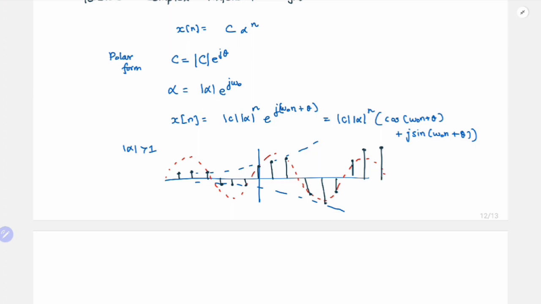It will have a sinusoidal variation and will be bounded by this exponential curve. Okay.